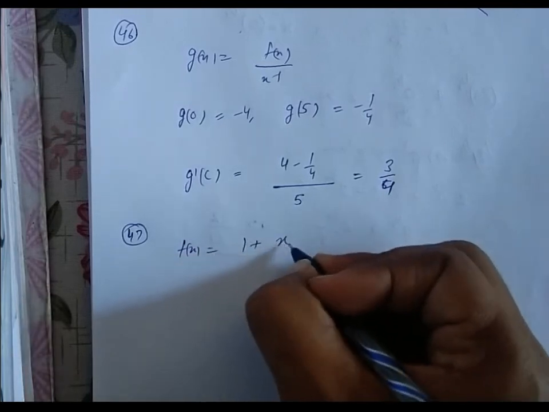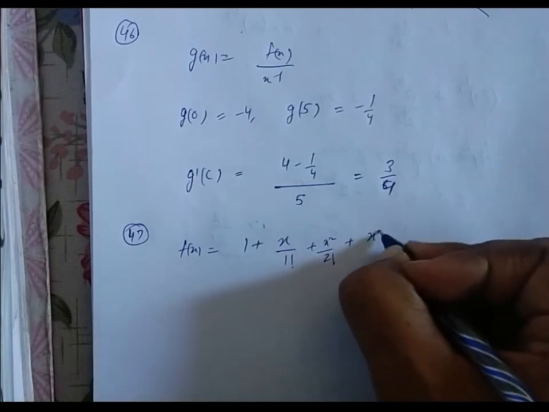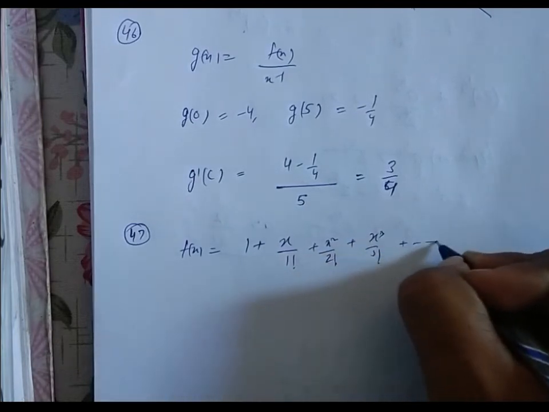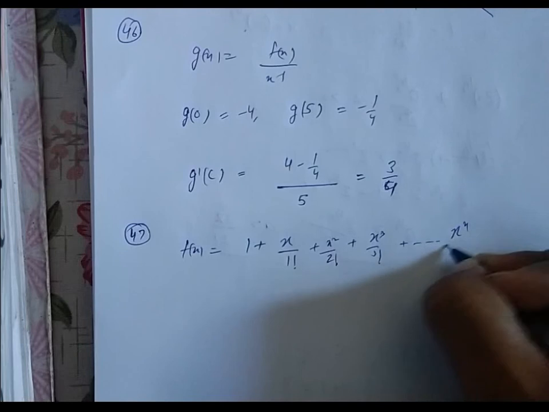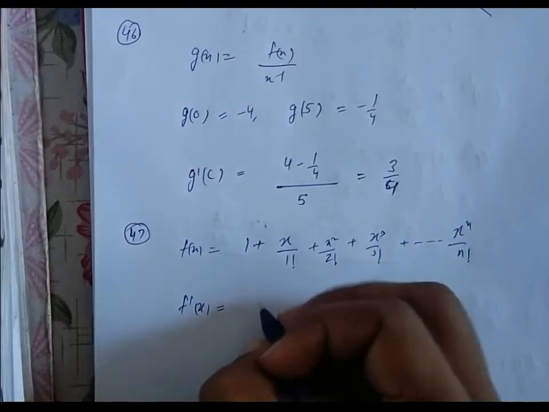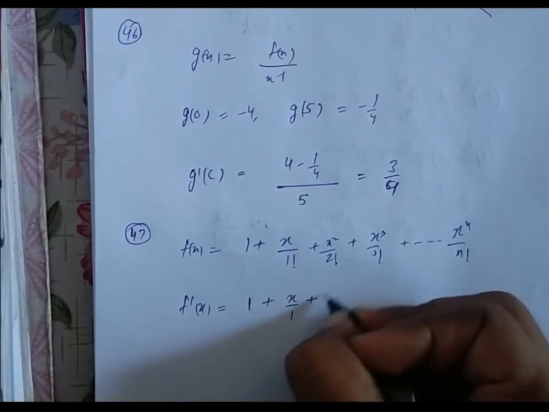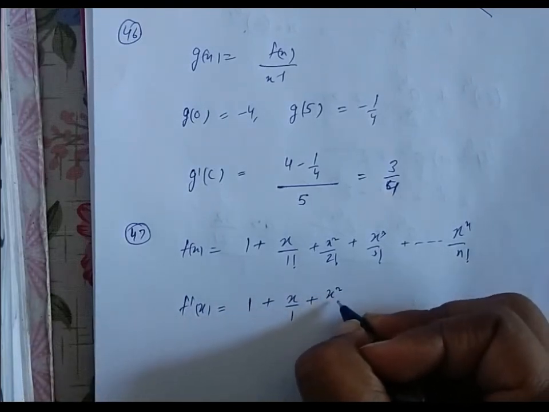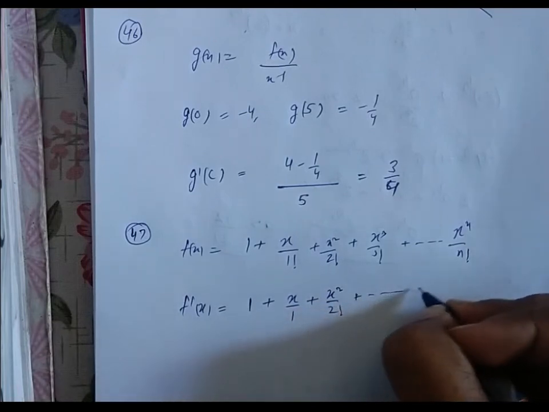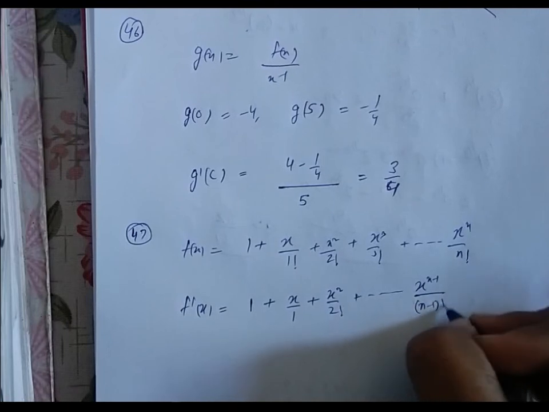Fx is equal to x plus x upon 1 plus x square upon 2 factorial plus x power n minus 1 upon n minus 1 factorial.